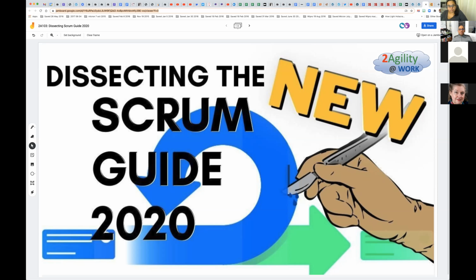So what I'm going to do is I'm going to stop my sharing and we are going to use PollEV. And the link is there on the chat. And if you go to PollEV, you can see the question there with the options. There are a variety of changes on the Scrum guide.